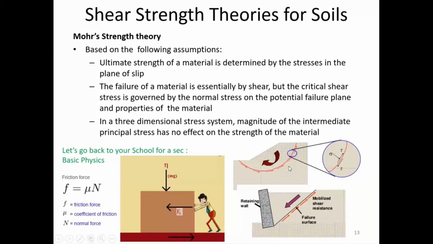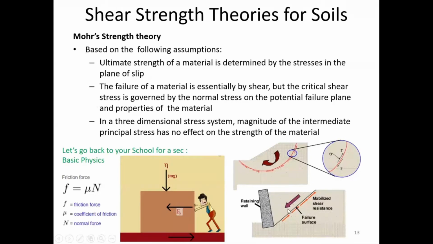So if I keep on increasing the normal stress on it, it will become a bit more difficult for me to push it down, isn't it? Why? Because my frictional forces generated will also increase. Correct? Like 5 guys are sitting over here, I need to push it more, but the resistance developed on this plane, F is equal to mu into N, will be more.